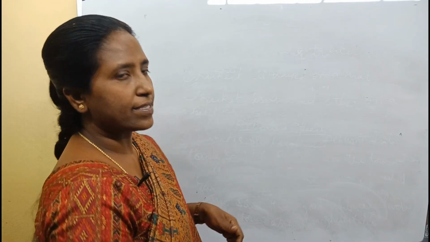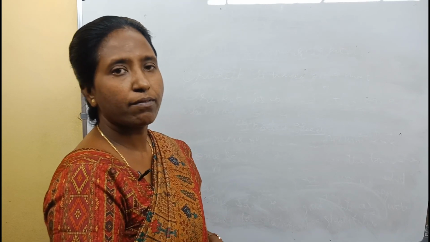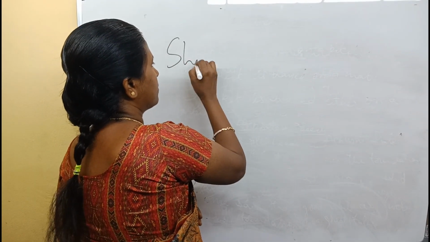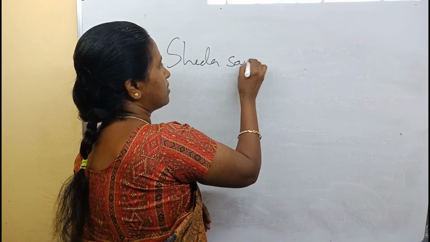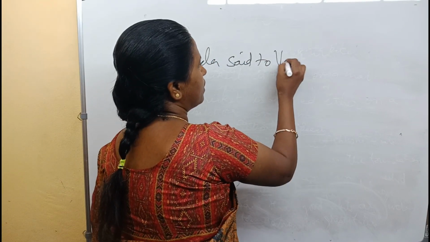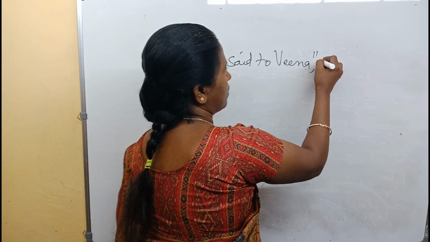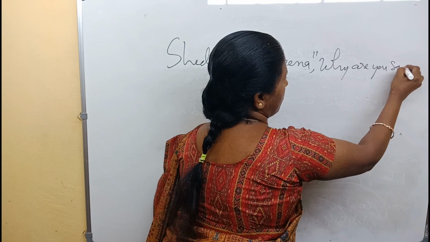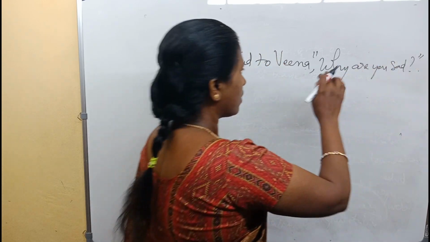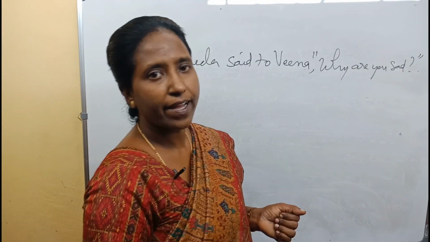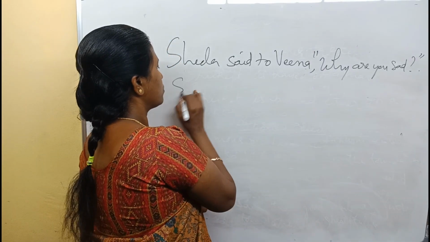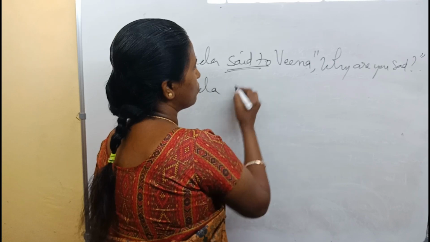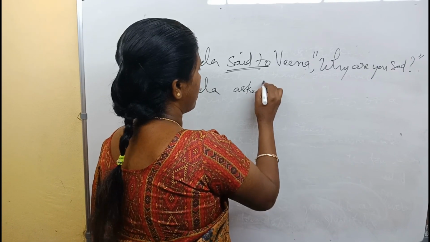Clear? Yes. For reported speech, we will give 2 more examples and I'll wind up. Sheila said to Veena, why are you sad? This is a question and that is a WH question. So for WH questions, there is no linking word. The said to changes to asked.